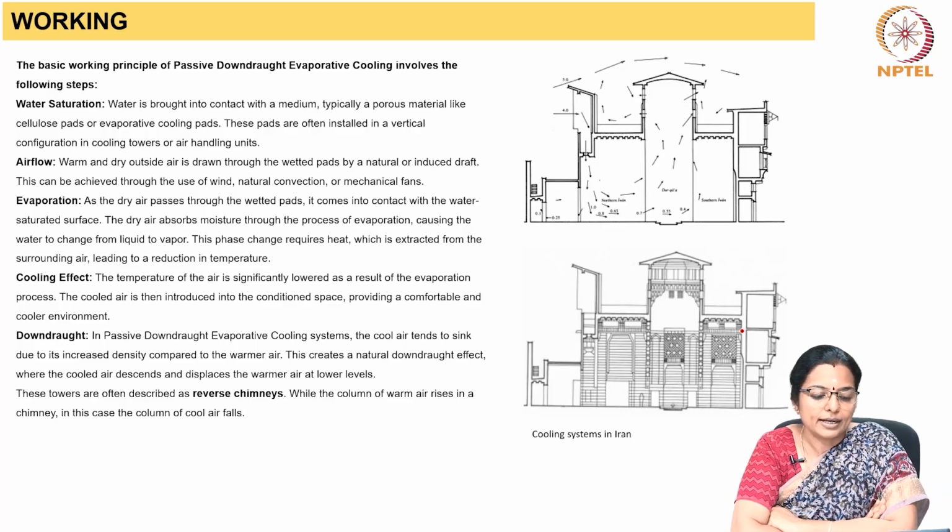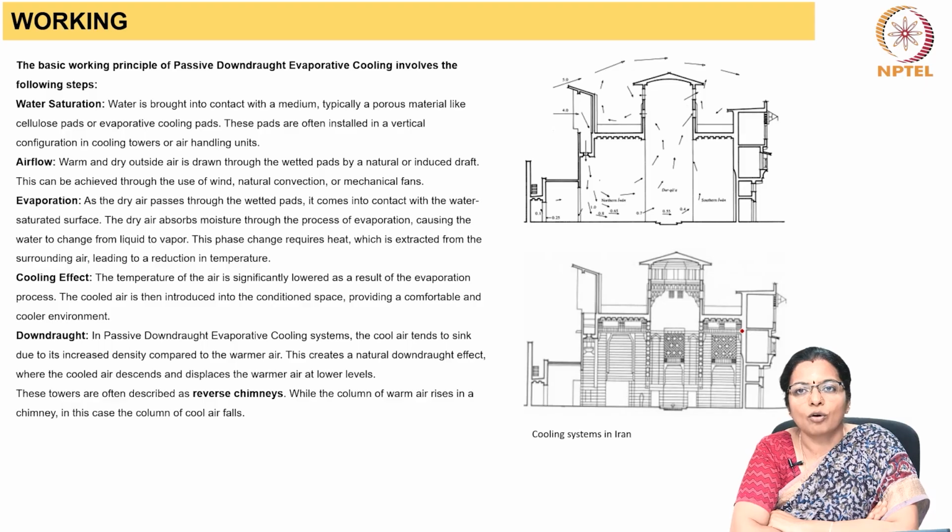Let us now look at the basic working principle of PDEC. The passive downdraft evaporative cooler requires water saturation. Water is brought into contact with a medium, typically a porous material like a cellulose pad or evaporative cooling pads.